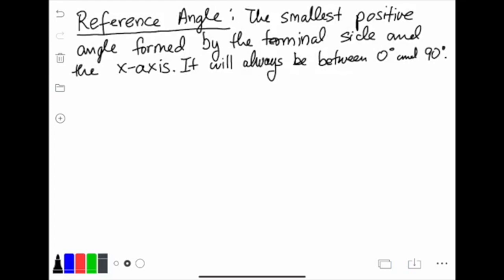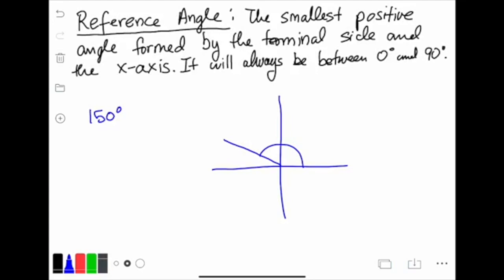So let's take, for example, 150 degrees. Let's say that we want to find the reference angle to this angle. So 150 degrees is an angle that exists in the second quadrant, somewhere around here. So if we take a look at the reference angle, it's going to be the smallest positive angle formed by the terminal side and the x-axis.